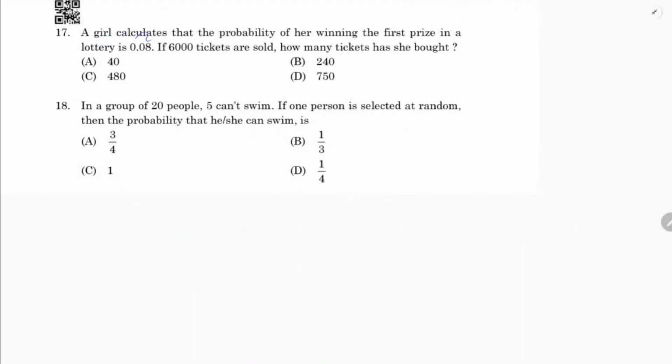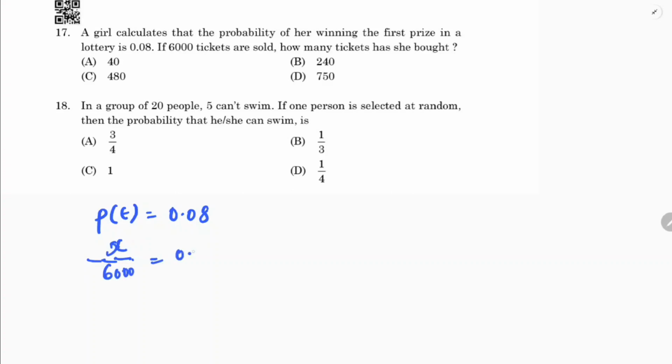A girl calculates the probability of her winning the first prize in a lottery is 0.08. So here the probability of an event is number of favorable outcomes. So the probability of winning chances is 0.08. If 6,000 tickets are sold, how many tickets has she bought? So the number of favorable outcomes, the number of tickets she bought, be x out of 6,000.